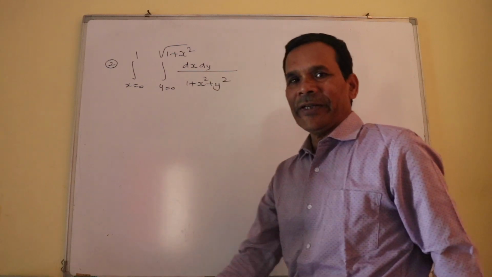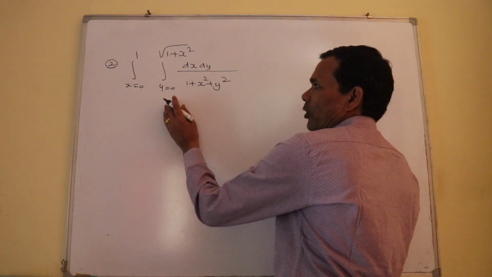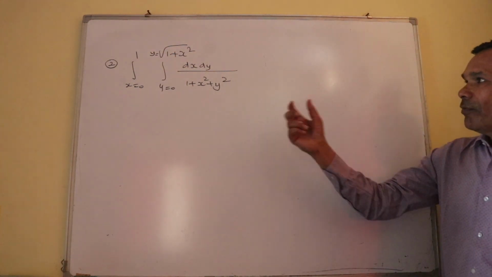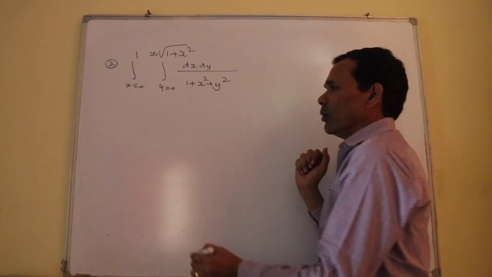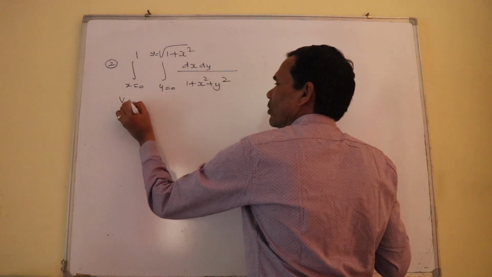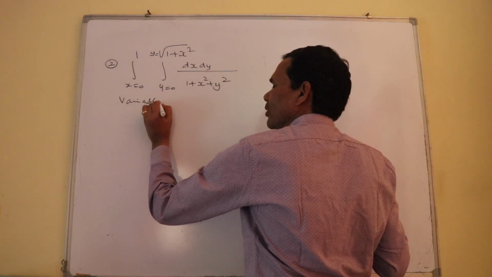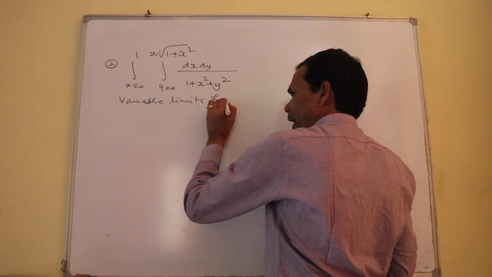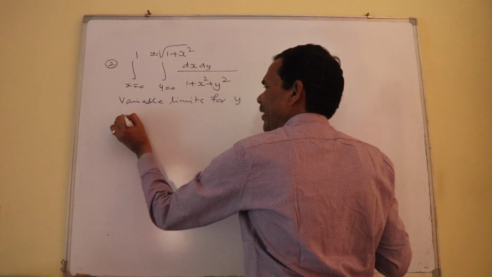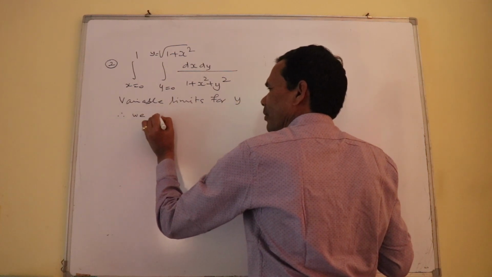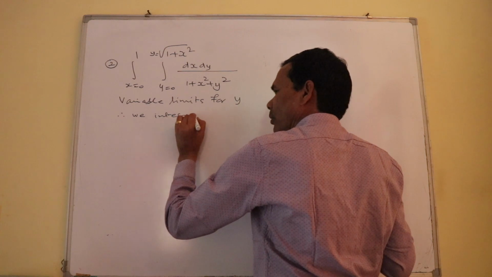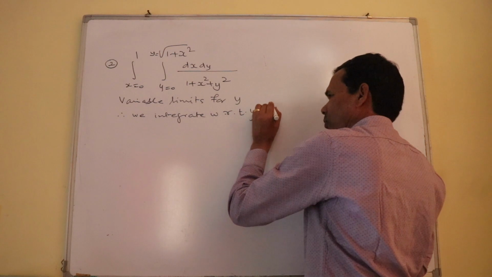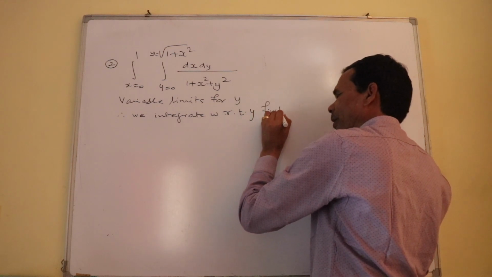Now if you observe this integral, y has variable limits as a function of x. Therefore we integrate with respect to y first, and then with respect to x.